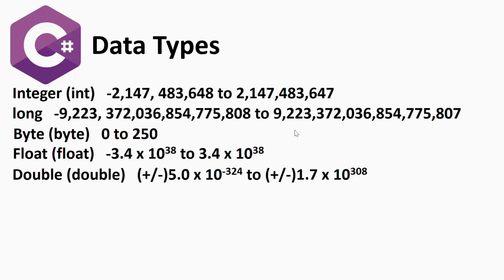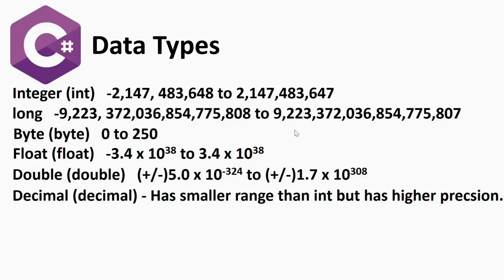Huge number. Next, we have double, which allows storage of numeric values, including values with decimal points. It is a lot bigger than float, and it has a precision of 15 to 16 digits after the decimal point. Float has precision of 7 to 9 digits after the decimal point.